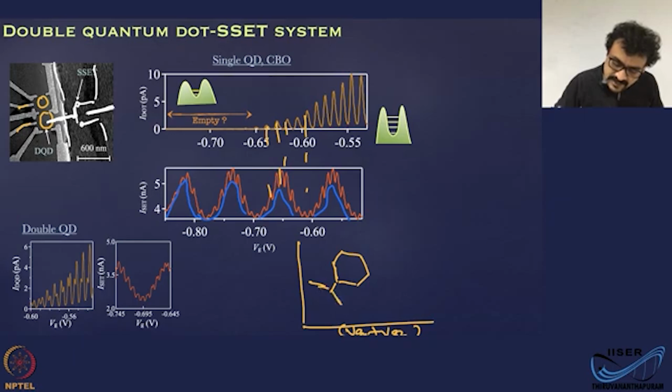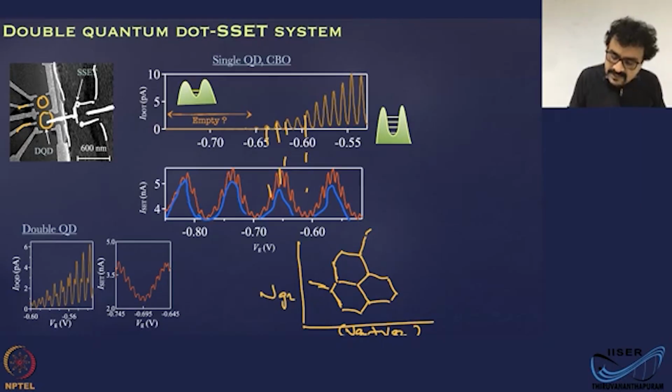It's going to look like this. And the next honeycomb is here, okay, and when you see both of these gates together, this is the VG1 VG2 space, okay.